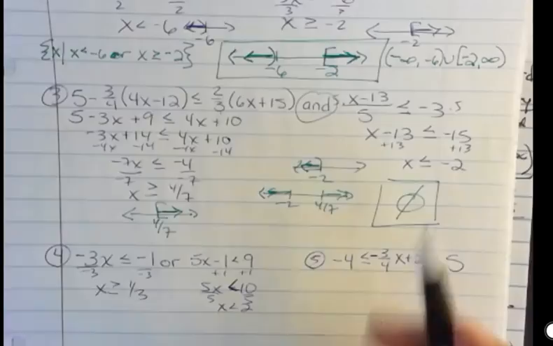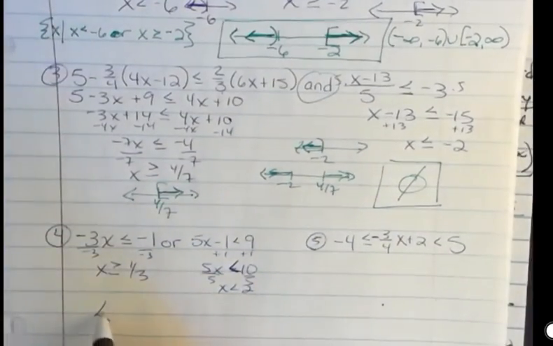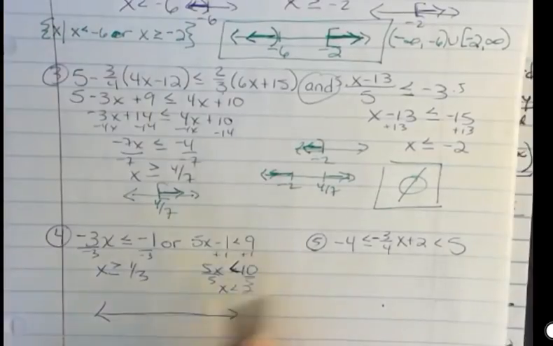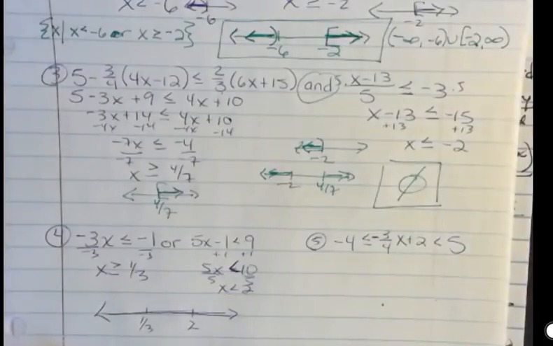So in this case, I have from 1/3, I'm going forever to the right. And from 2, I'm going forever to the left. If you look at both of those on the same graph, you can see I'm going forever to the right, I'm going forever to the left. So this graph would just be the whole thing.